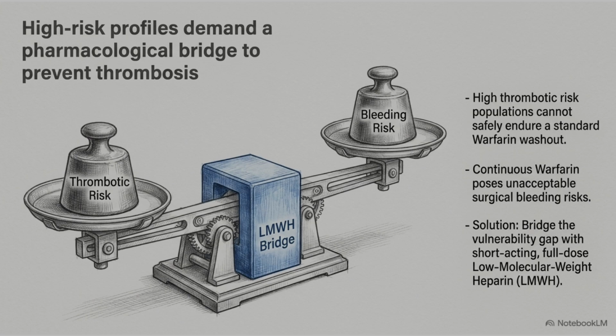There are some patients who are high risk for bleeding and also high risk for thrombosis if you interrupt the medication. In those cases, between when you stop your warfarin and before you restart it, you try to cut down the risk of bleeding, but you are afraid of thrombotic risk.